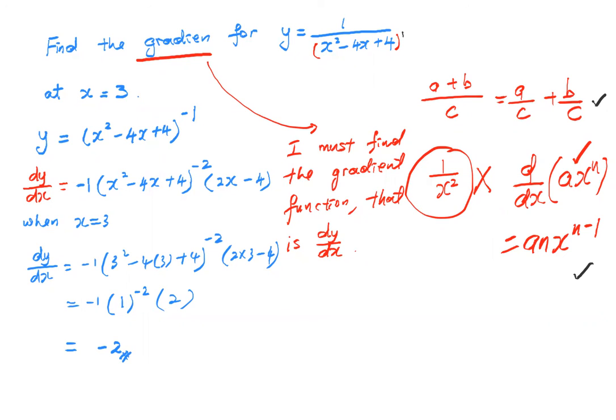So if I observe the expression x squared minus 4x plus 4 carefully, now I'm going to show you another method. Shall we? And it will make your life so much easier. Okay?